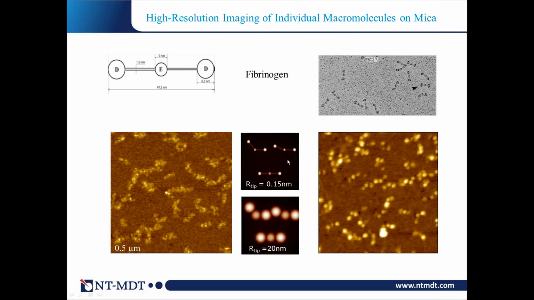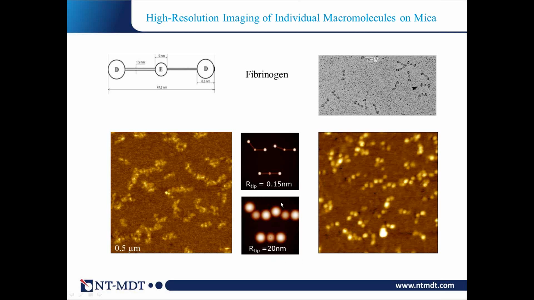And if you take the dimensions of this individual fibrinogen molecule, you see that the AFM image, if it showed the true structure derived from crystalline measurements, would look like this. And that's possible only with an atomic size tip.